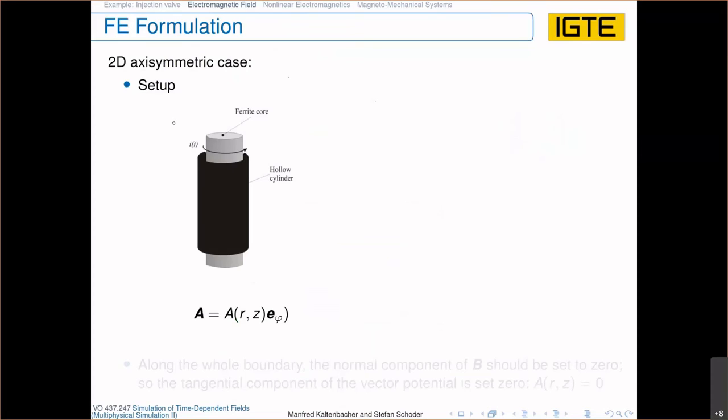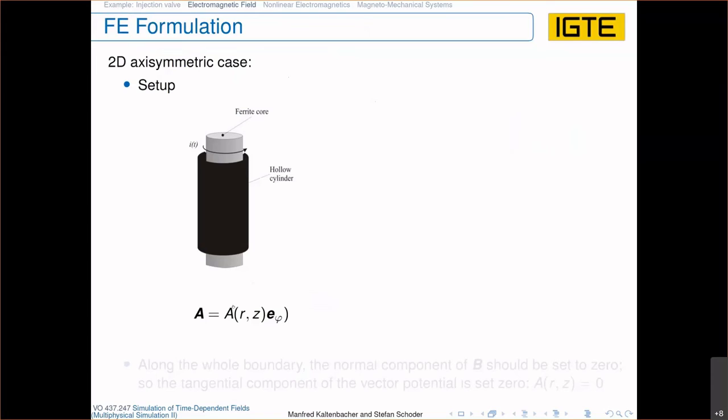Let's finish this by also considering an axisymmetric case, a very simple setup of a ferrite core, and the winding structure has been modeled by such a hollow cylinder, where inside the hollow cylinder we have given the current density in circumferential direction as an input value for the right-hand side of our partial differential equation.